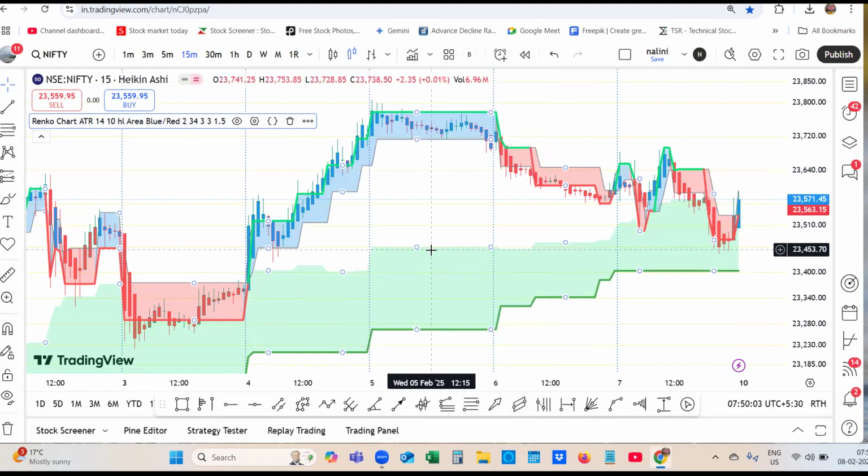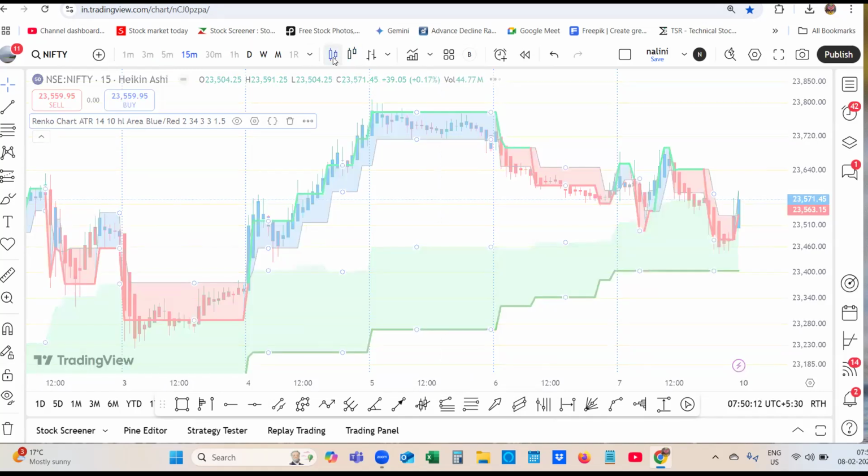So we have applied this on the chart. Instead of Fibonacci candles, change it to normal candles. Why is it not working? Something happened.